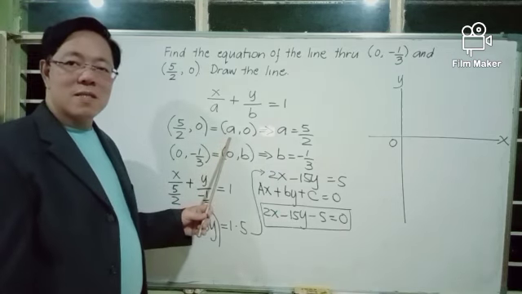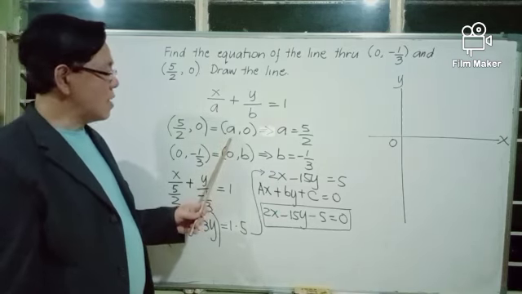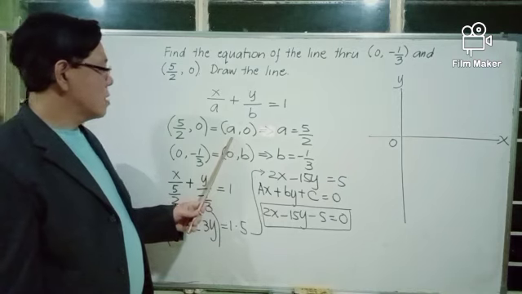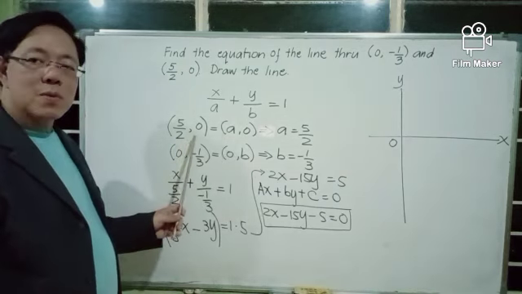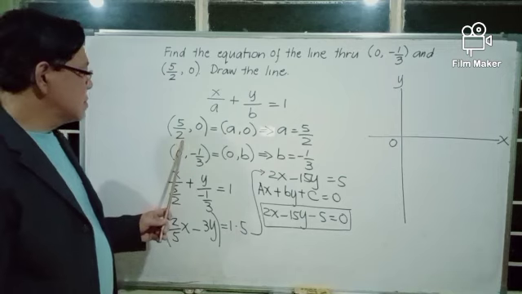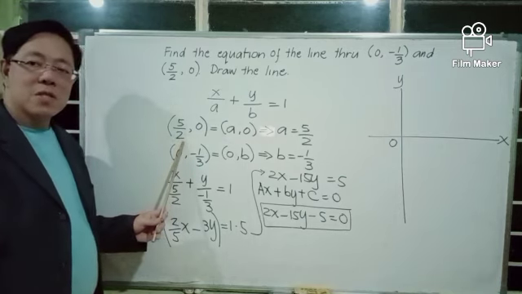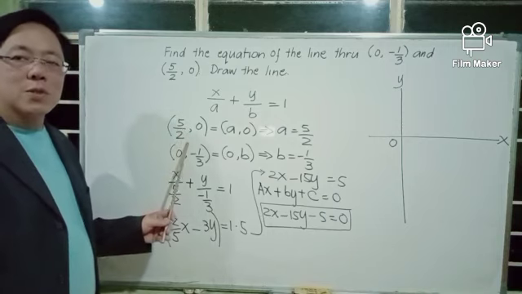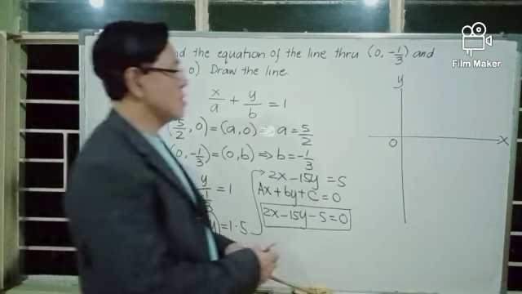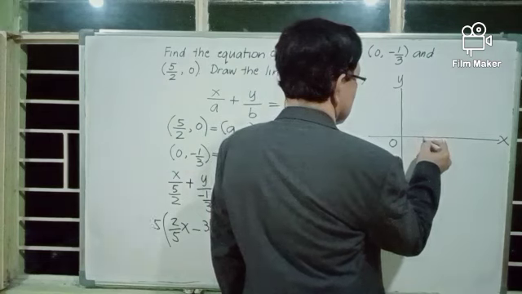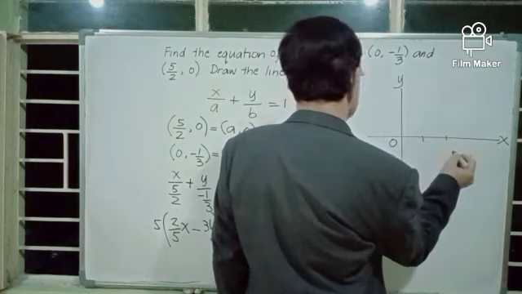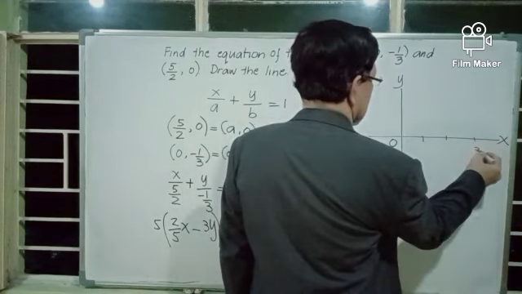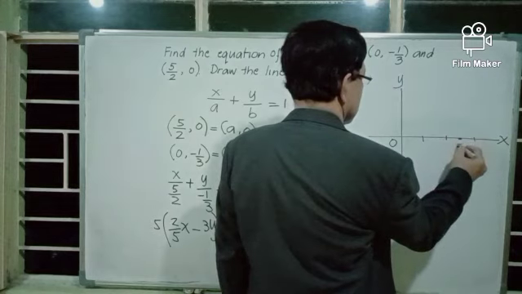At the x-axis, the line will pass through the point (5/2, 0). From the origin, you measure approximately 5/2 units to the right on the x-axis. 1, 2, 3, and this is 5/2.